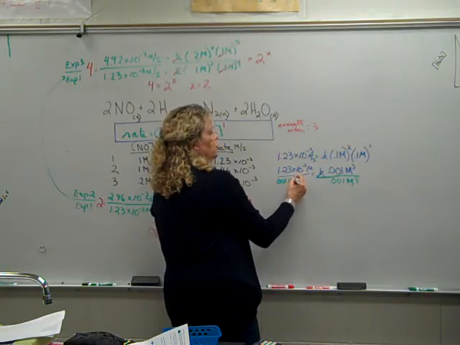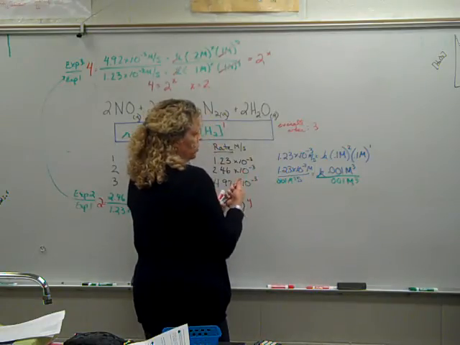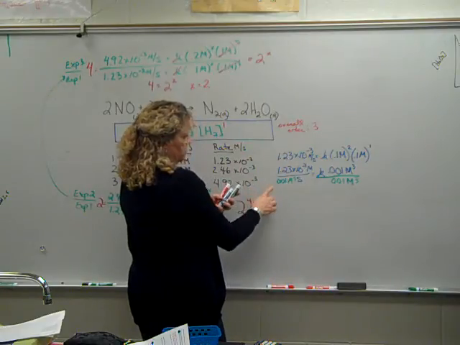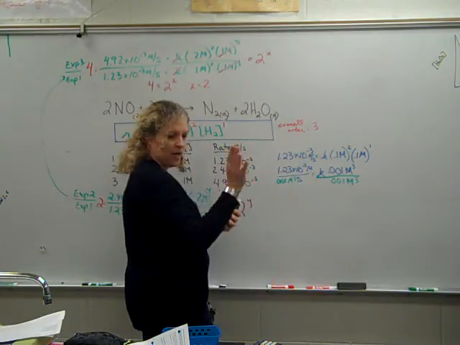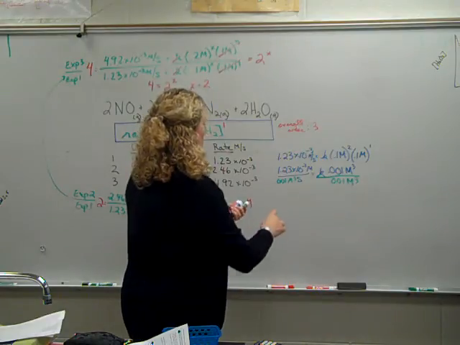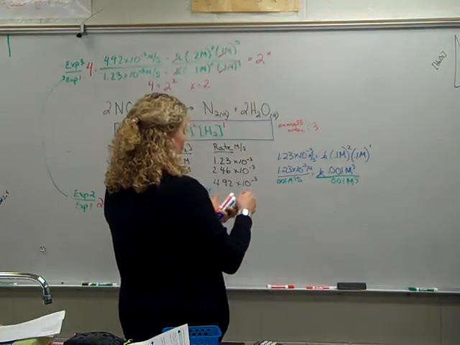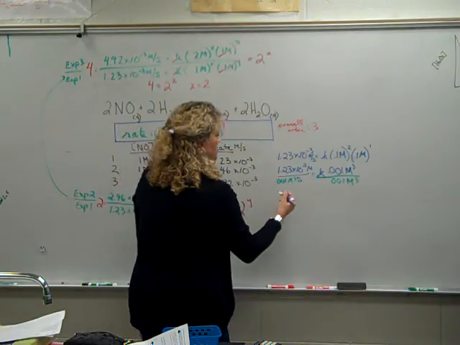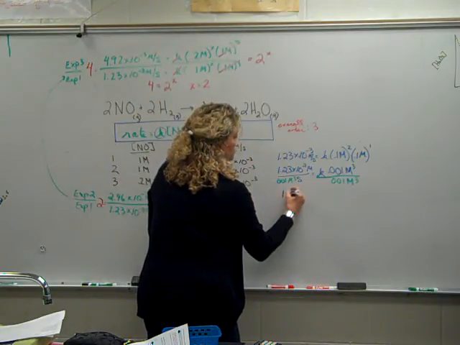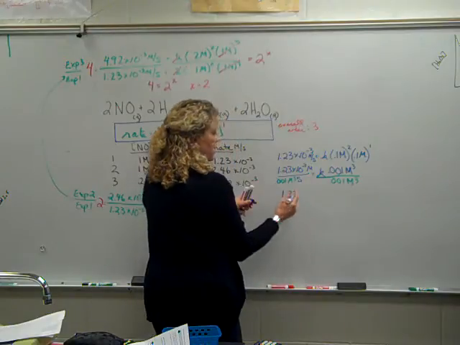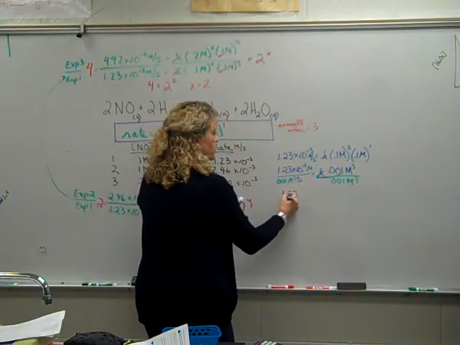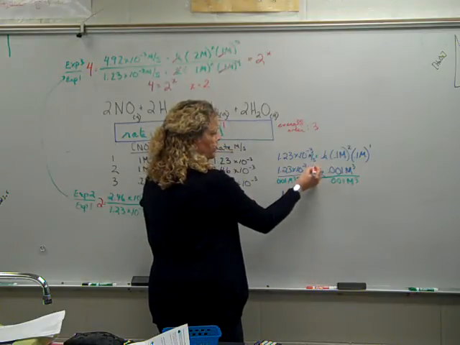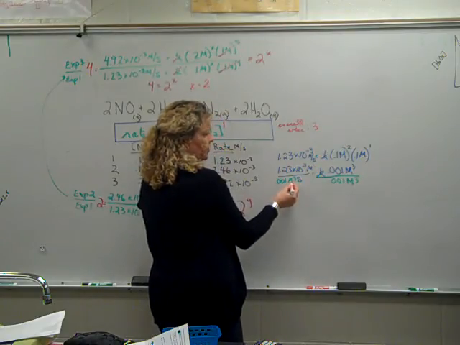When I divide this, 0.001 is the same as 1 times 10 to the negative 3. So I actually get, as my constant, 1.23, and the units end up being, this is a molarity to the first, this is a molarity to the third.